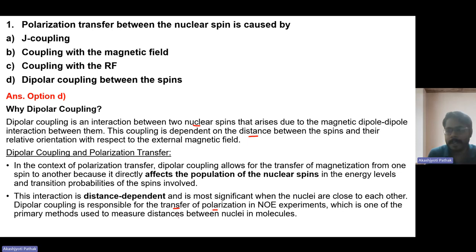From the signals that we get, we can determine whether there is any change in the intensity. If there is a change in the intensity signals, then we can say that these two nuclei are coupled to each other.